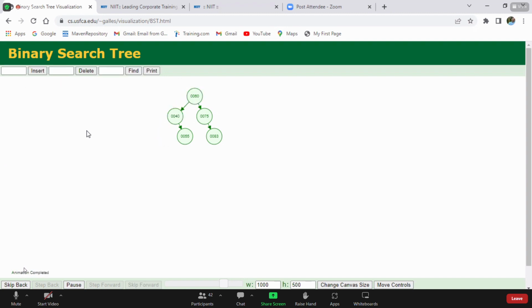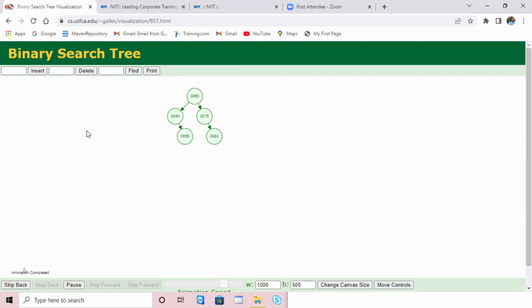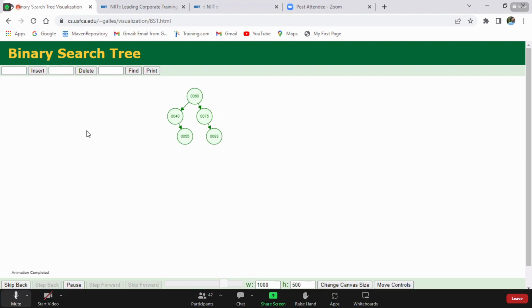Now, what is the logic? Leftmost. The left child becomes the parent. All of you agree with Adesh and others? The left node becomes the parent. Any other logic you can apply? Other than the left node, anything that comes to your mind quickly?